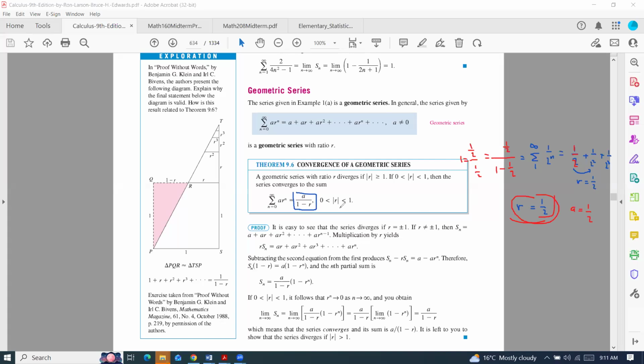So whenever your ratio is less than 1 in absolute value... why is it greater than 0? Well, they try not to have r equal to 0. They could have just said r is not equal to 0, because then you start with a and the sequence will be all zeros. It's still going to be the same answer, a over 1, but they don't want a 0 for the ratio, because that would be just a for the sum.